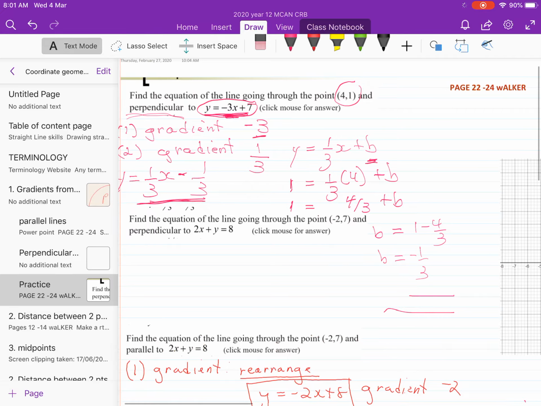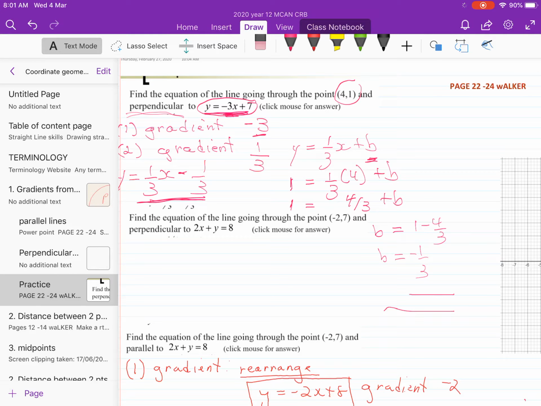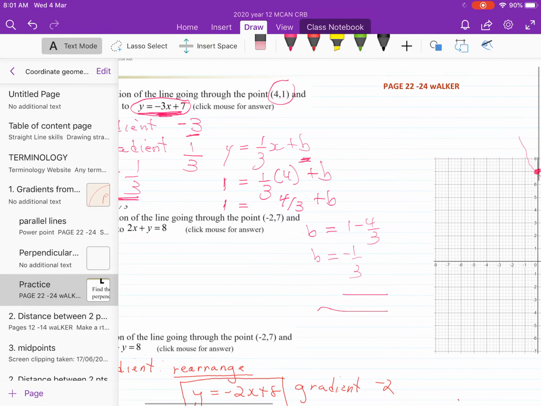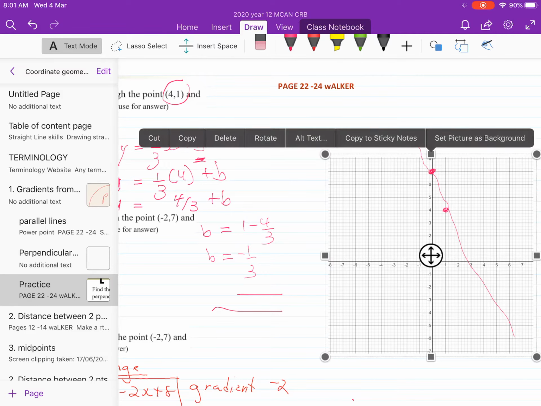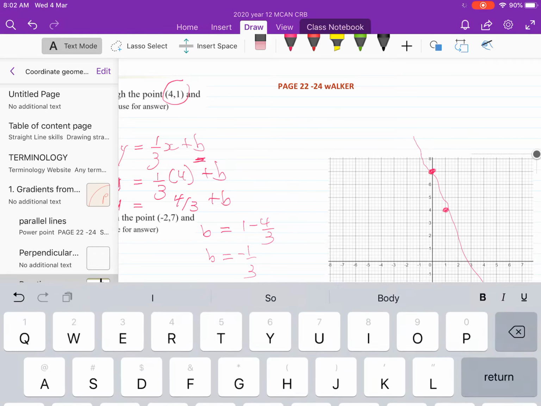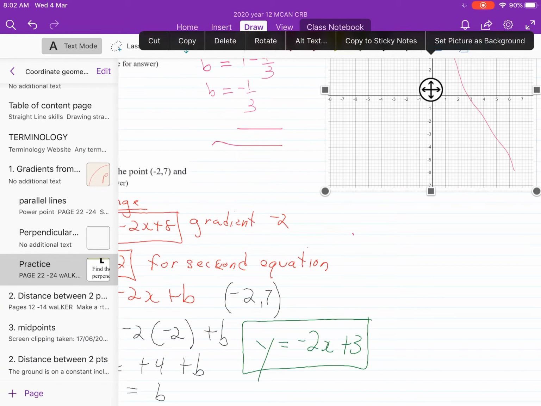Now that's going to be a little bit hard to graph, right? You might need a table of values to graph that. Negative 1/3 is going to be a difficult y-intercept to get and pretty difficult to estimate.